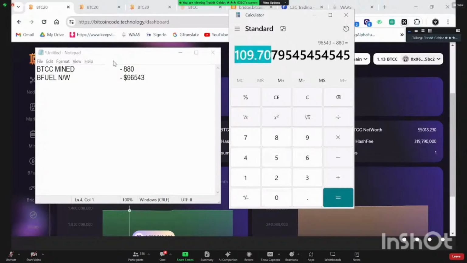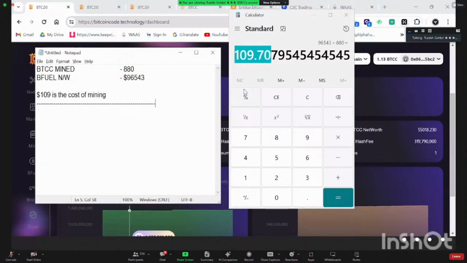So I have claimed these 880 BTCC at $109. $109 is the cost of mining to me. So unless and until BTCC crosses my cost of mining, I'm not going to make a profit. It's quite obvious, right? Again, I'll take you to Bitcoin.